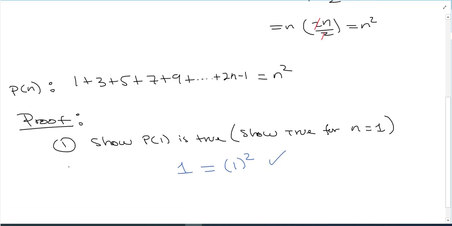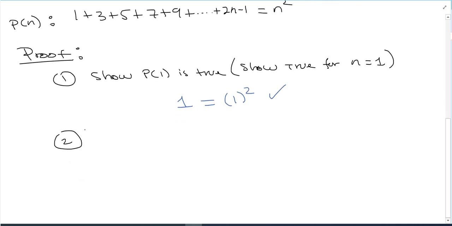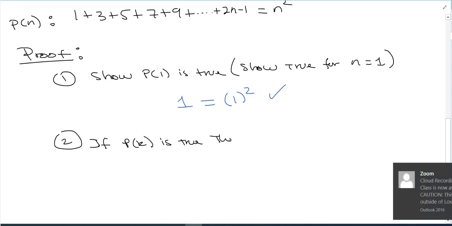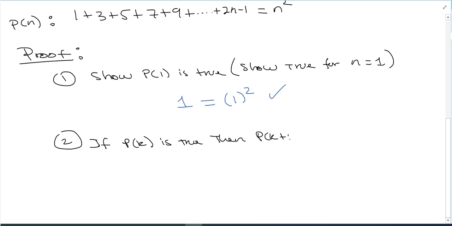Our second statement is an if-then statement. If P of k is true, then P of k plus 1 is true. What this means is we get to assume P of k is true, and we have to show P of k plus 1 is true.